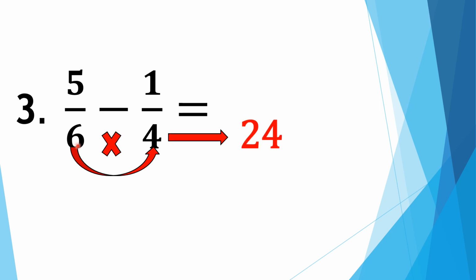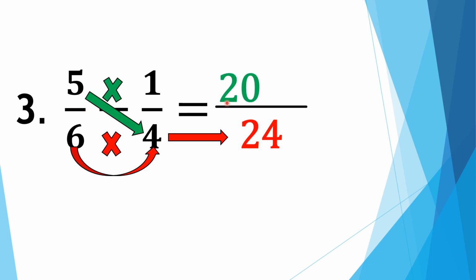Number 3, 5 over 6 minus 1/4 is equal to 6 times 4 is equal to 24. 5 times 4 is equal to 20 minus 6 times 1 is equal to 6. Then subtract 20 minus 6 is equal to 14.